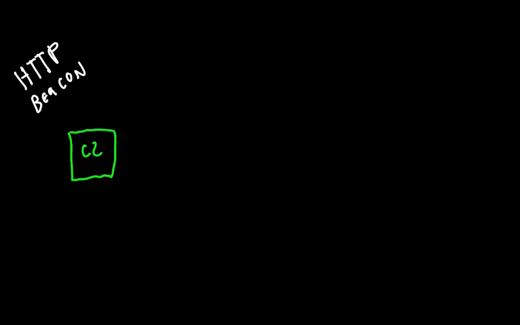So here we have our Cobalt Strike controller, and it is running a web server. That could be, say, on port 80. And over here we have our process on our compromised target. And inside of that process, we have our HTTP beacon payload.